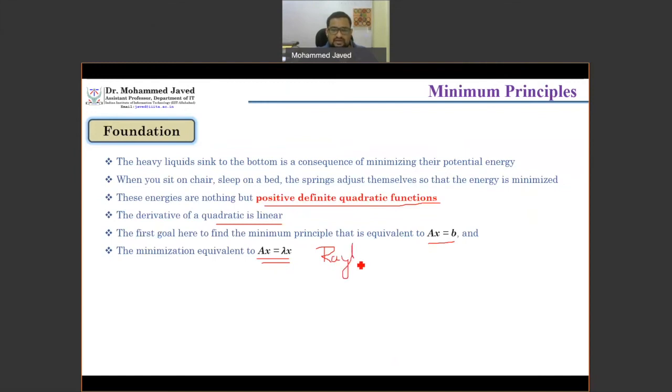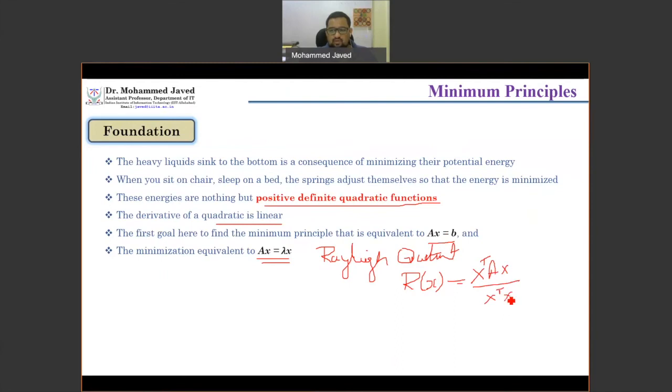They are dealt with by Rayleigh coefficients, Rayleigh, R-A-Y-L-E-I-G-H, the Rayleigh quotient. So R of x, the Rayleigh quotient, is x transpose Ax, that is my quadratic expression, divided by x transpose x.